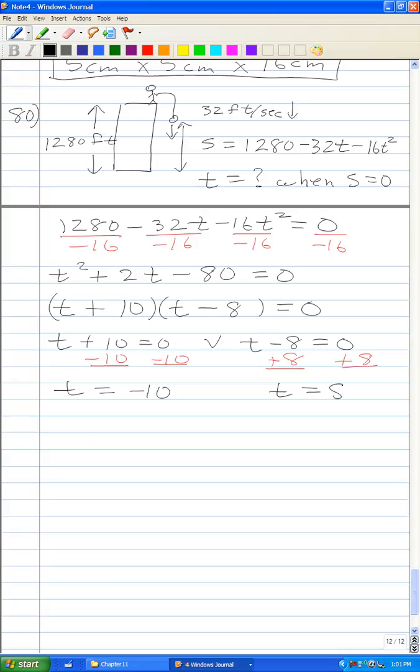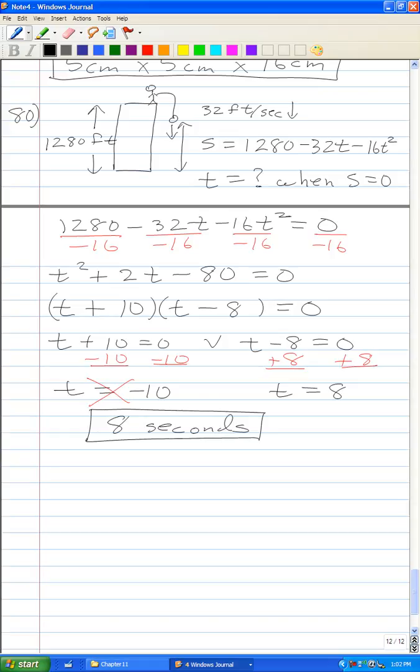t equals positive 8. Since I'm talking about the time that you threw it off of a building, I don't want time to be negative. So let me get rid of the negative time here. And so the answer is 8 seconds. So it takes 8 seconds for this object to strike the ground.